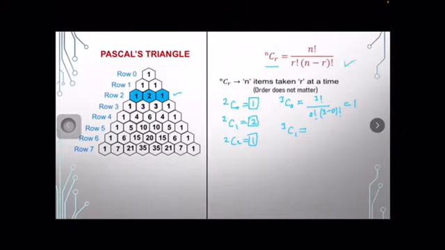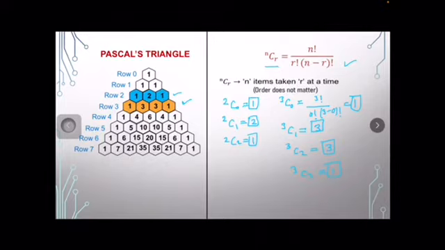Using this formula you will get 3. Now what is the value of 3C2? Again you will get 3. And 3C3 will be 1. Now you see that the values of 3C0 to 3C3 are 1, 3, 3, 1, which are the values of Pascal's triangle's third row.